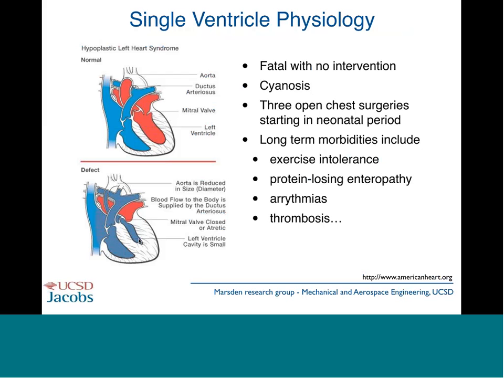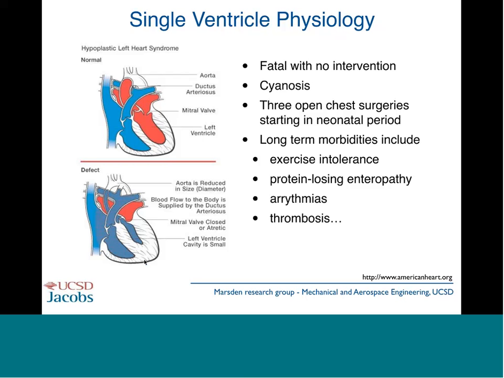And so these patients have to undergo 3 open heart surgeries starting as infants, and I'll step you through what those 3 surgeries are. These patients are able to survive following those 3 surgeries, but they encounter a number of problems as they grow up. One thing I should point out is that these single ventricle conditions are typically fatal with no intervention.